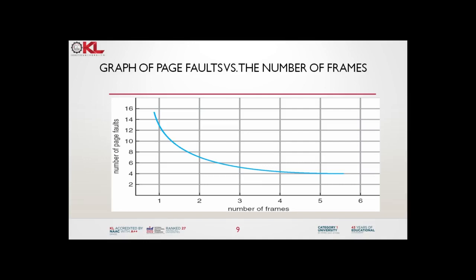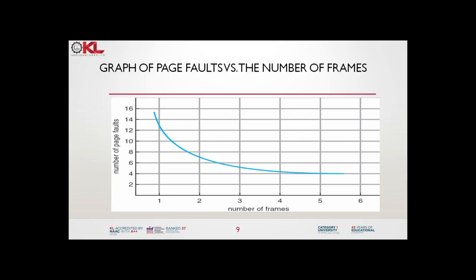And similarly, when I increase the number of frames from 2 to 3, the number of page faults is going to be reduced because there is more space to accommodate pages in my main memory. When I have this flexibility to swap pages into main memory, obviously the number of page faults is reduced because I can accommodate more pages into my main memory, right?